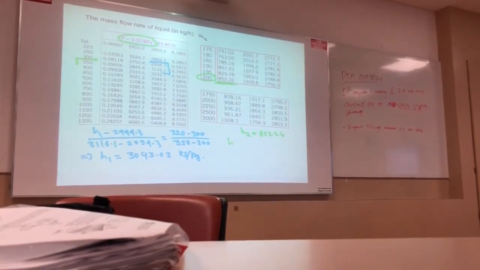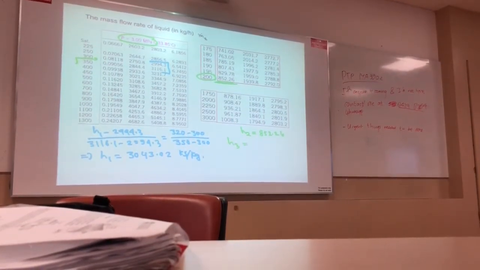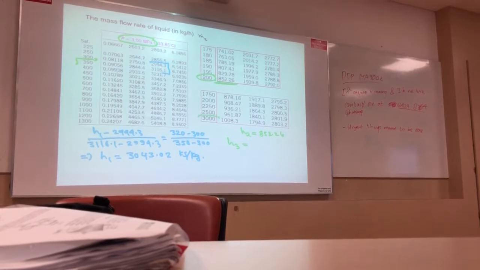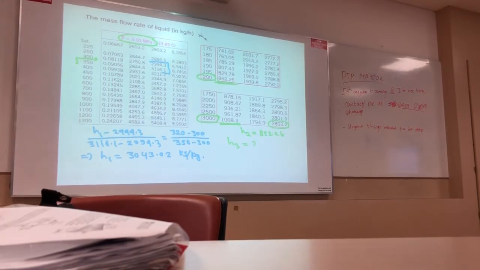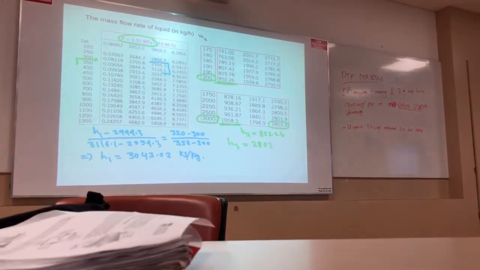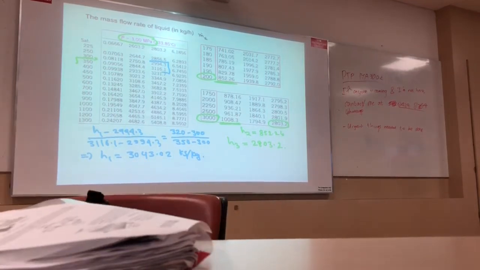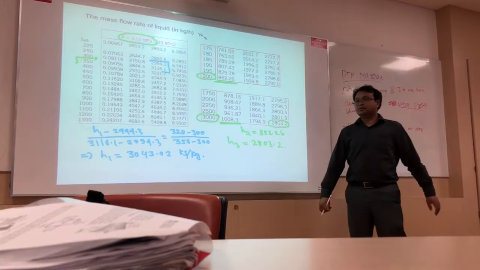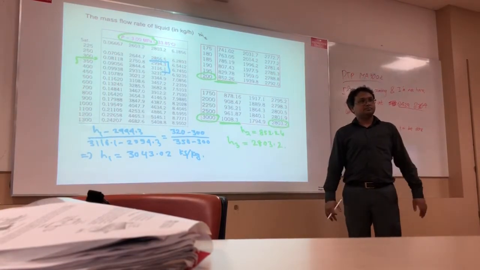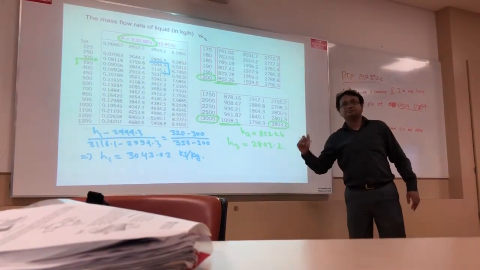What is h3? hg with respect to 2 megapascal, or 2000 kilopascal, which is this value. Now this is hf, this is hg, 2803.2. So now you have to substitute the numbers, then you can get the answer. So you can take this data.